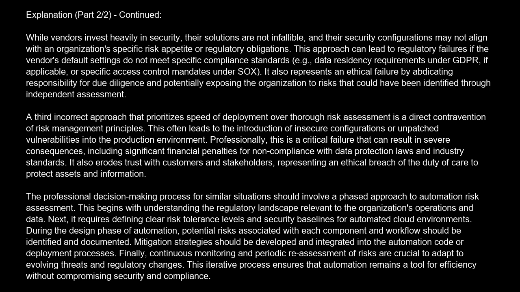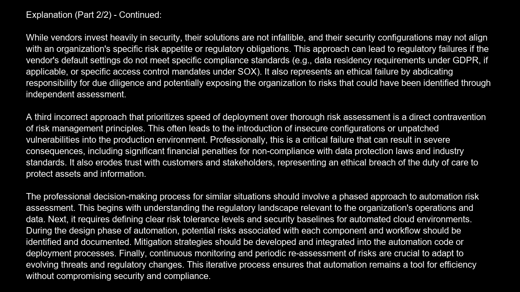The professional decision-making process for similar situations should involve a phased approach to automation risk assessment. This begins with understanding the regulatory landscape relevant to the organization's operations and data. Next, it requires defining clear risk tolerance levels and security baselines for automated cloud environments. During the design phase of automation, potential risks associated with each component and workflow should be identified and documented.